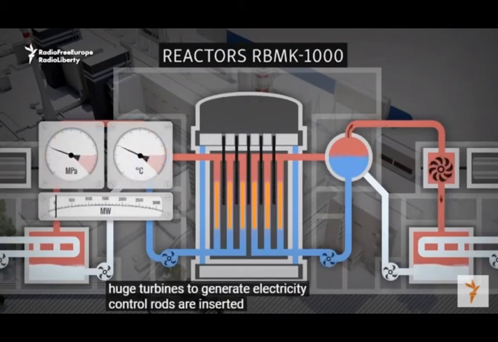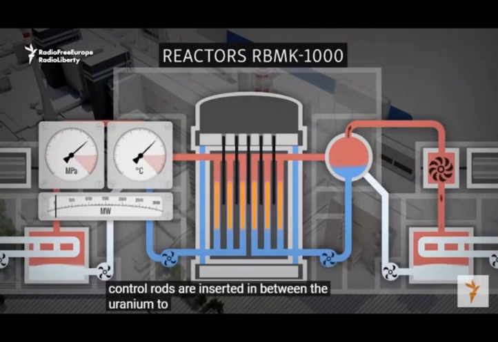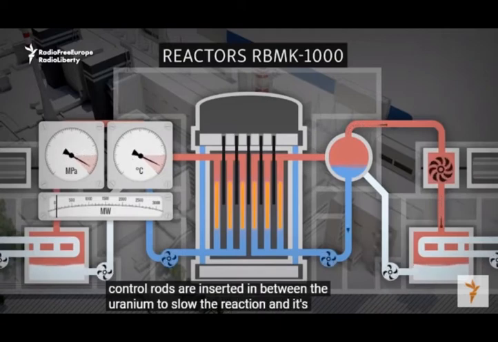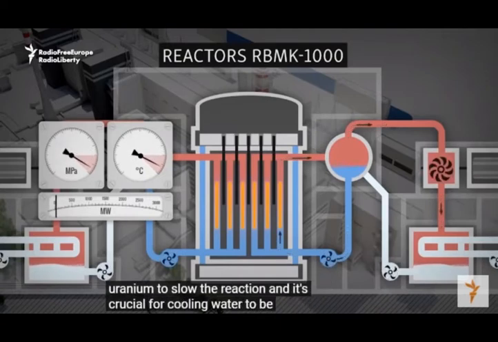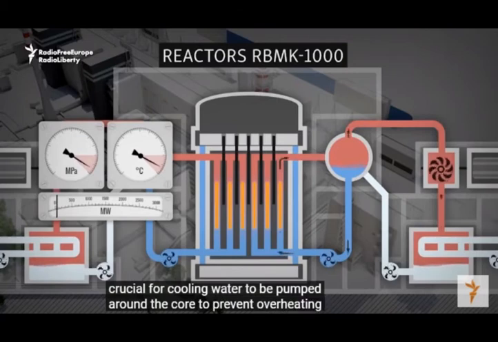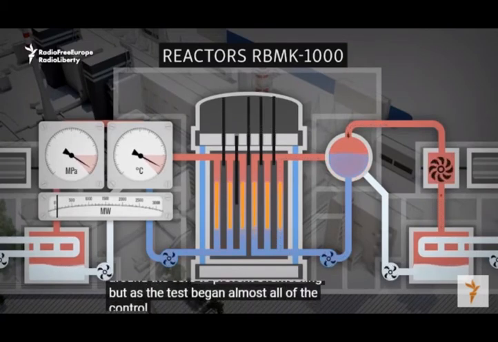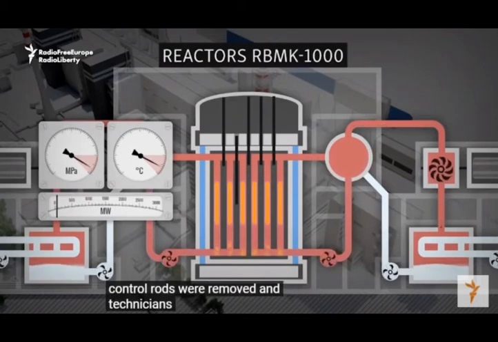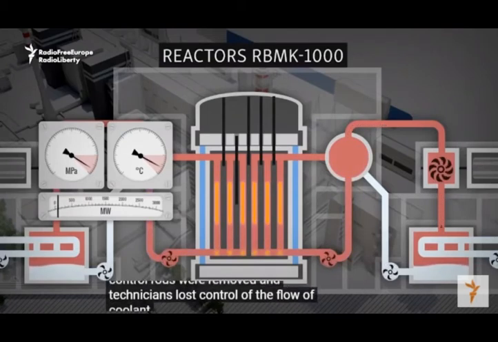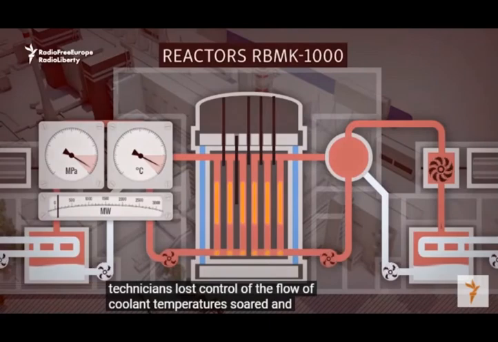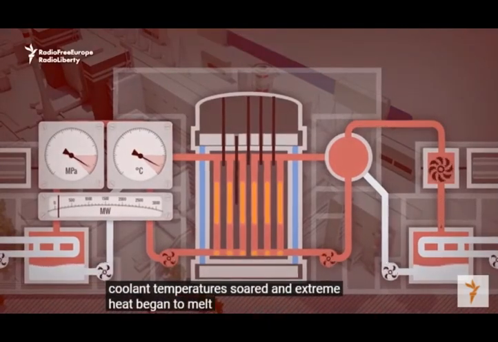Control rods are inserted in between the uranium to slow the reaction. And it's crucial for cooling water to be pumped around the core to prevent overheating. But as the test began, almost all of the control rods were removed, and technicians lost control of the flow of coolant. Temperatures soared, and extreme heat began to melt the core.